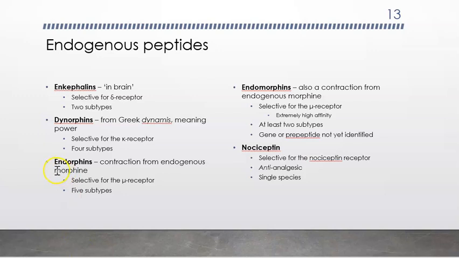Now, endorphins and enkephalins are involved in the endogenous analgesic effect. In other words, our enkephalins and endorphins help reduce pain, while our dynorphins are diverse. So dynorphins are co-expressed in cells that also express vasopressin, orexin, and oxytocin.